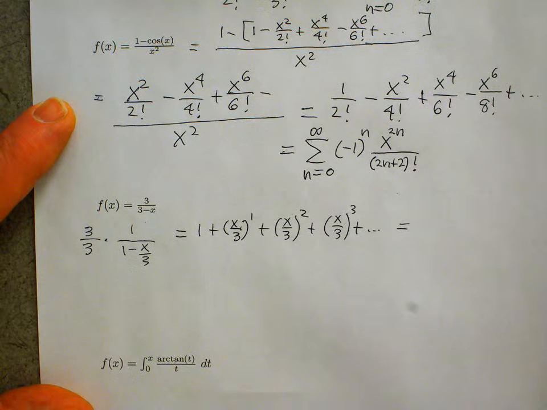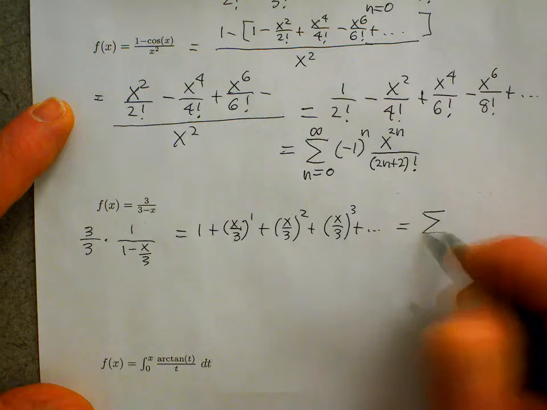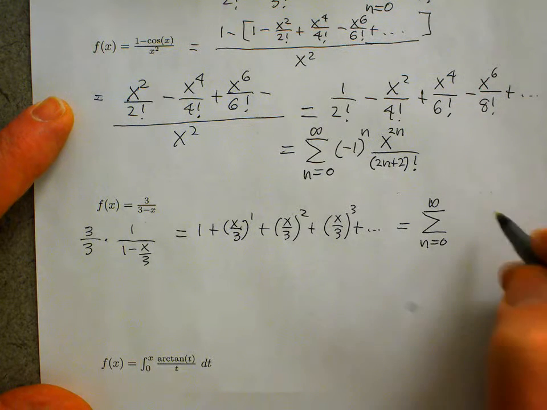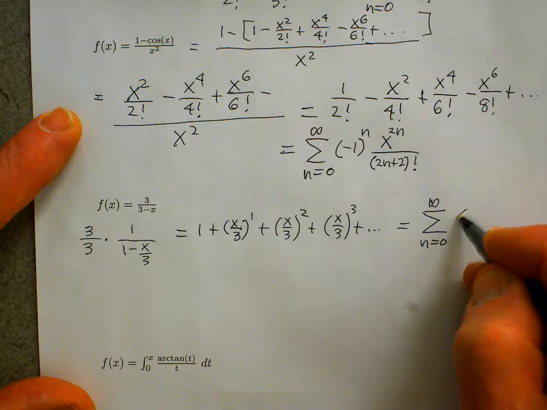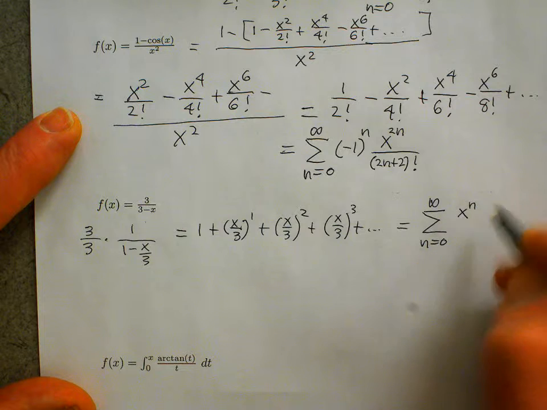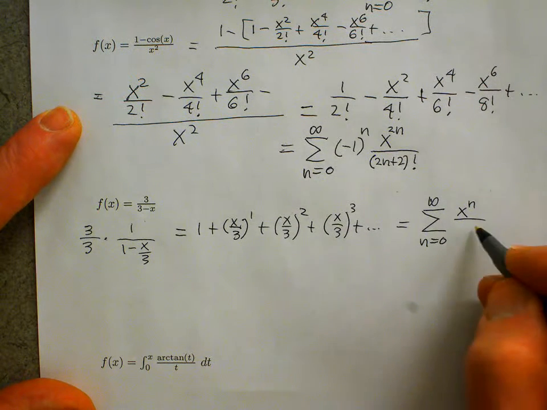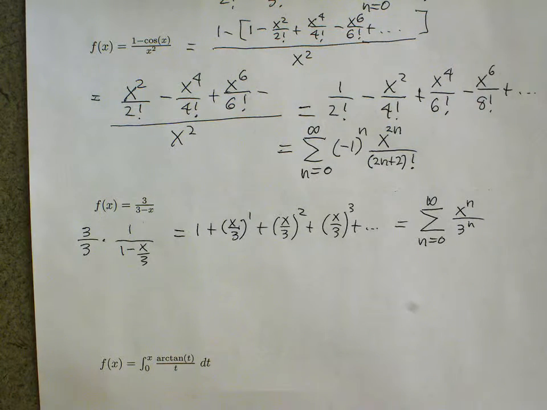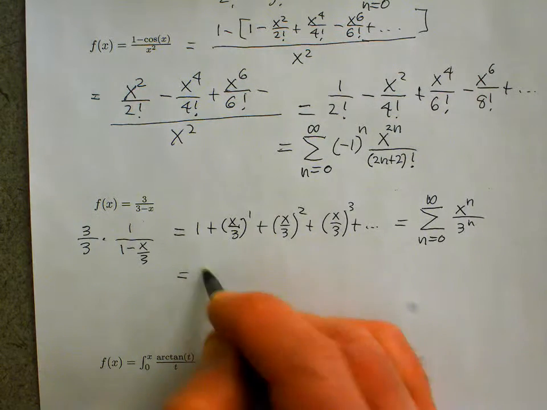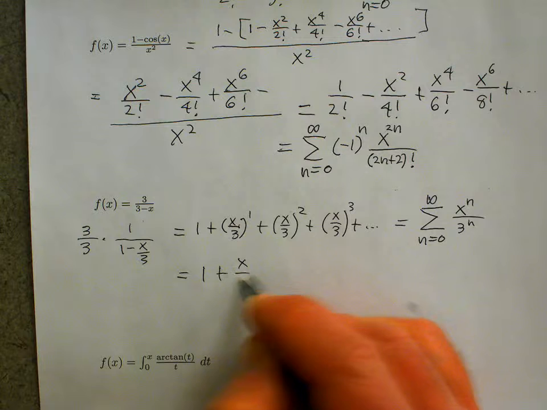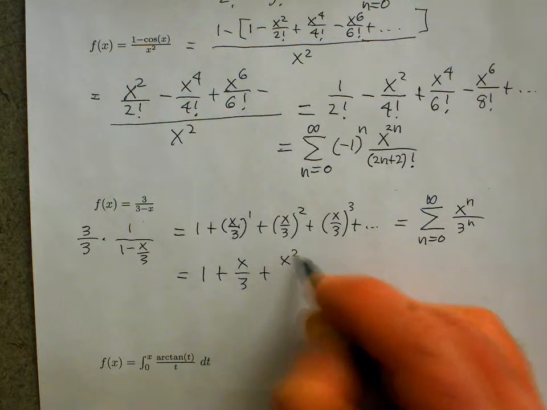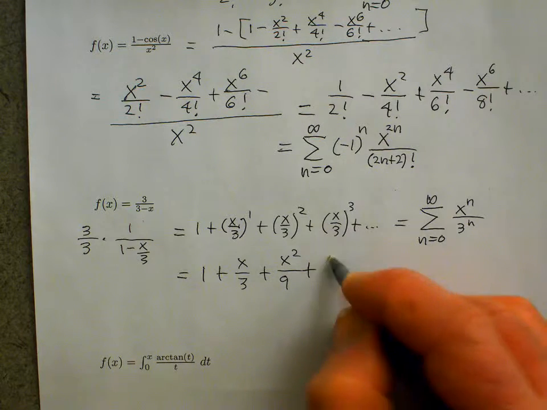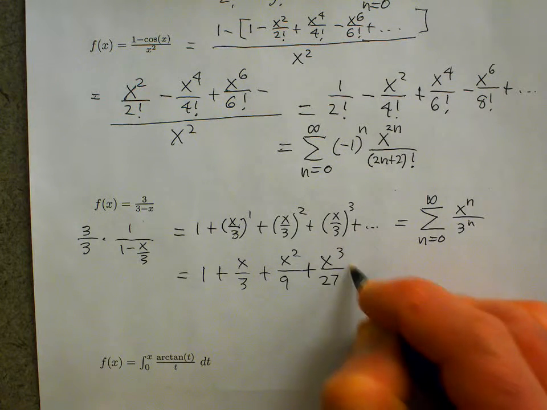So we can just write the sum from n equals 0 to infinity of x to the n over 3 to the n. So if you multiply those out a little bit, we get 1 plus x over 3 plus x squared over 3 squared, or 9, plus x to the third over 27, and so on.